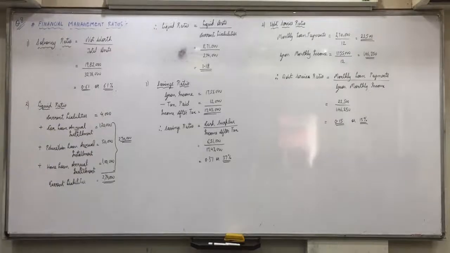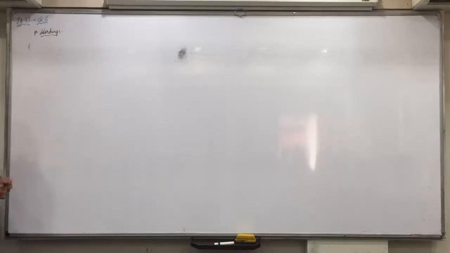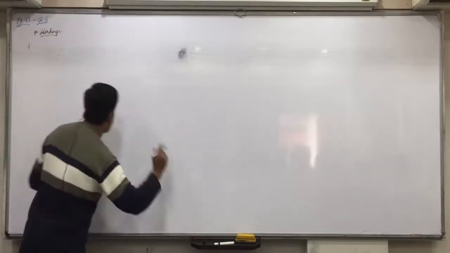So we'll make that workings of down payment and then we'll make the income statement in columnar. First, purchase of car.